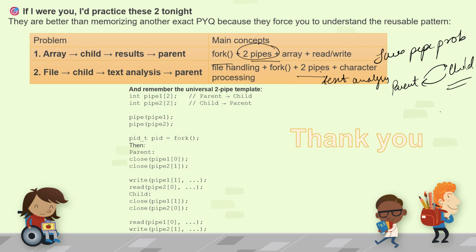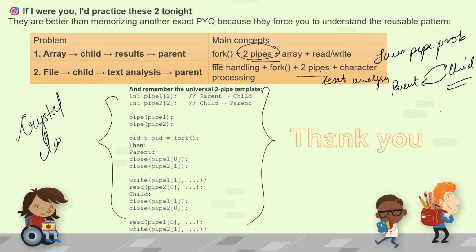Very helpful. And I had explained this template. I hope this is crystal clear now. If you are able to explain yourself, that means you have understood this concept. I hope I was successful in making the concept crystal clear.